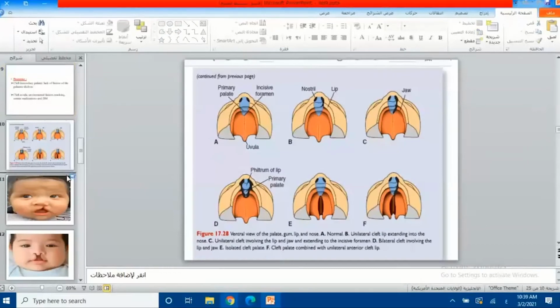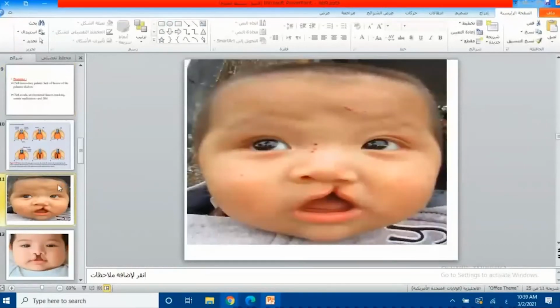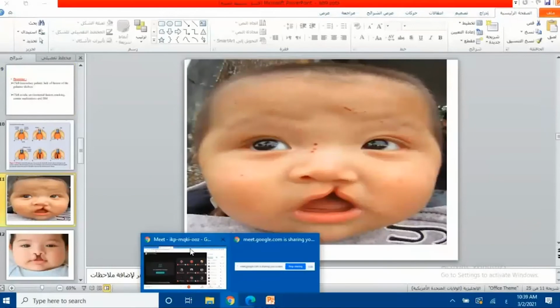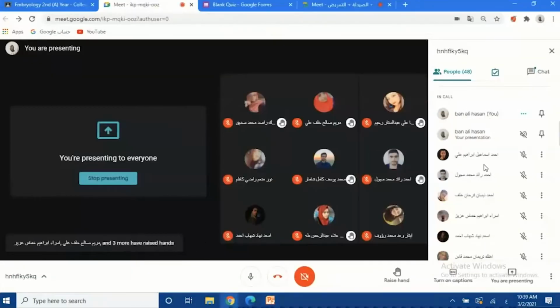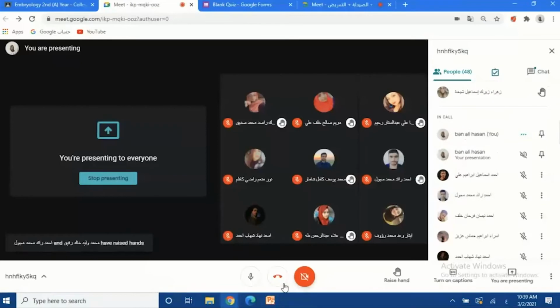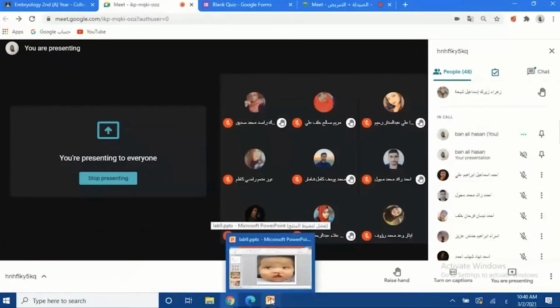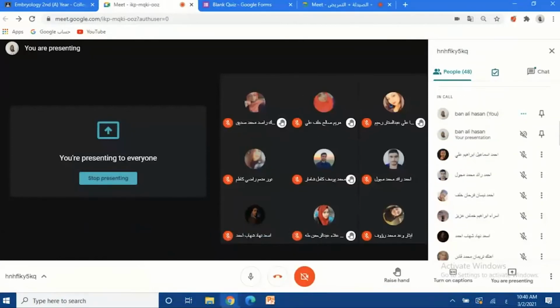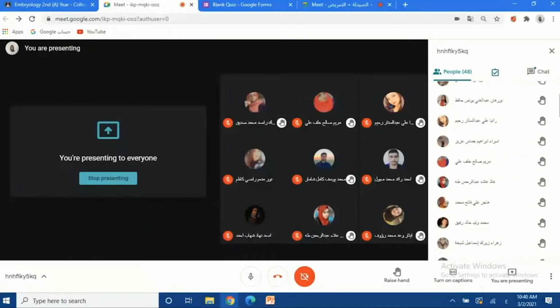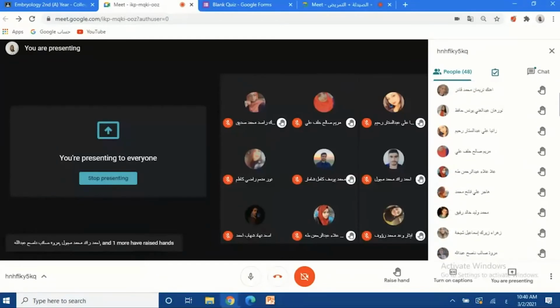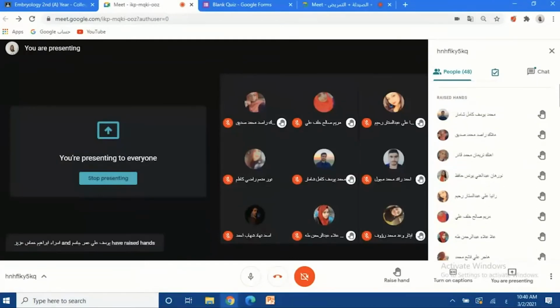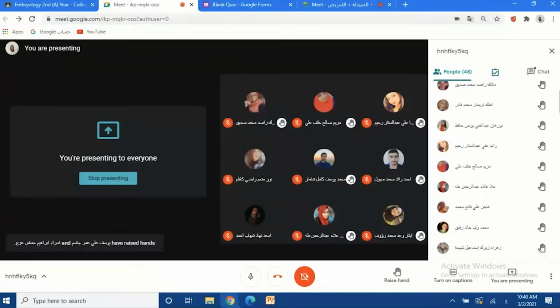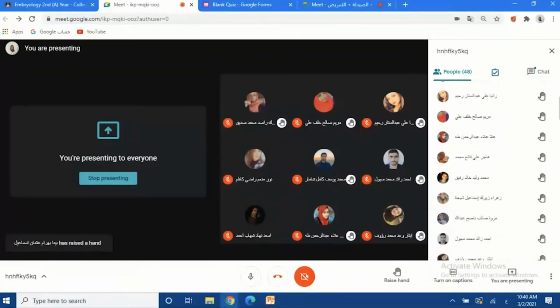Okay, let's see what else. What is the kind of the cleft that is shown in this picture? Let me see. Ahmed Nisan. Yes, Ahmed Nisan. Those who raised their hands have all participated, so they won't participate more.